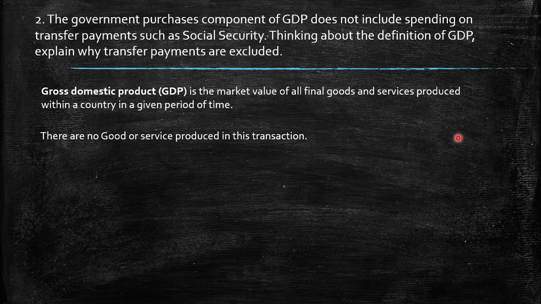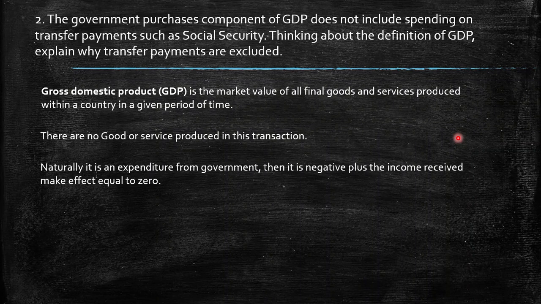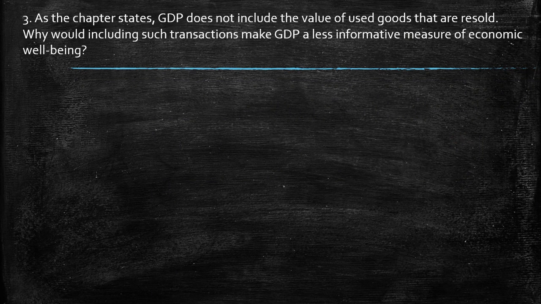When you provide a transfer via social security, there is no good or service produced in this transaction in exchange, right? So this is a government expenditure, which is negative, plus the income received, making the effect equal to 0. So at the end of the day, this is not considered for GDP.